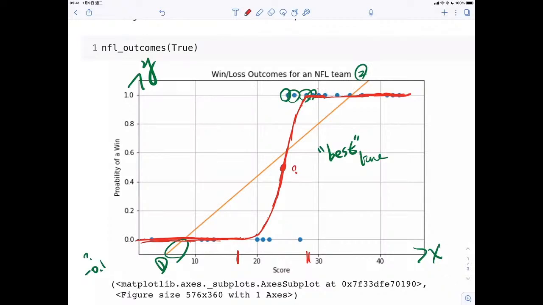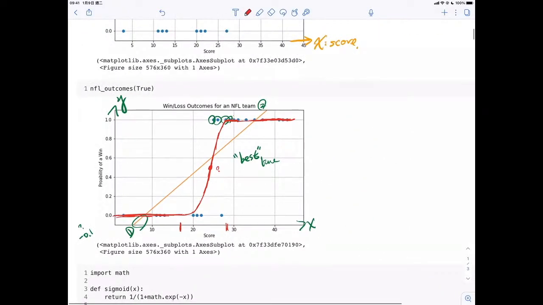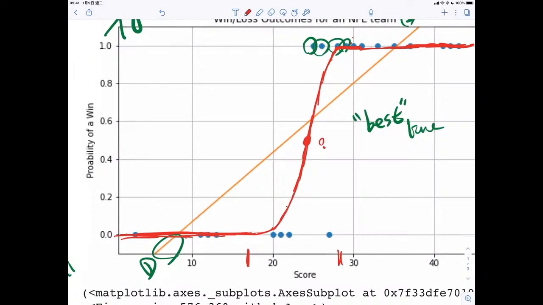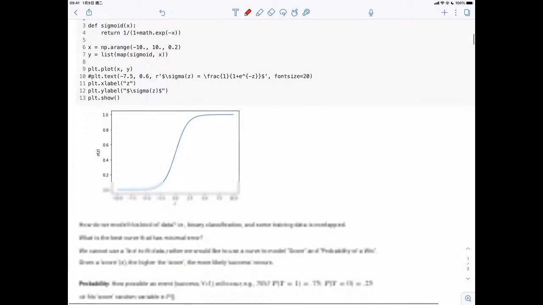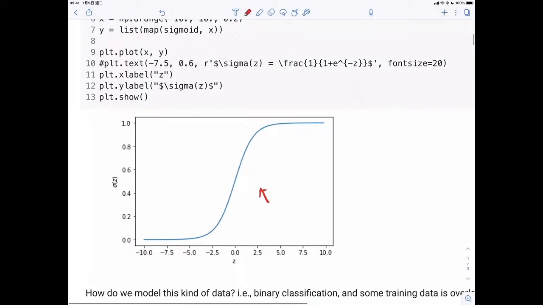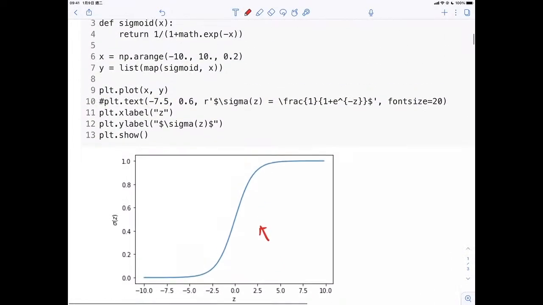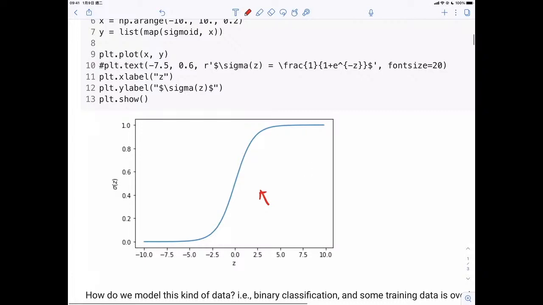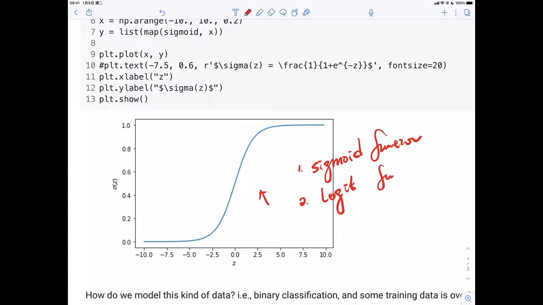So we don't use linear regression right here. However, how do we model this shape? From mathematics, a lot of smart mathematicians tell us we have a shape just like what you want. It has several different names. One of them is called the sigmoid function, or the logit function.